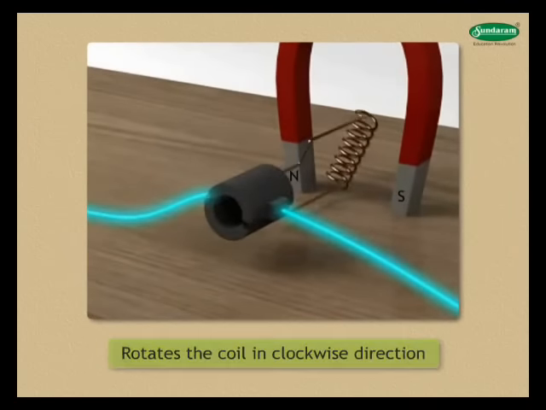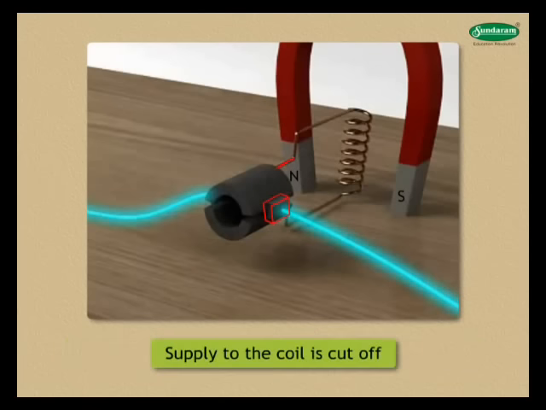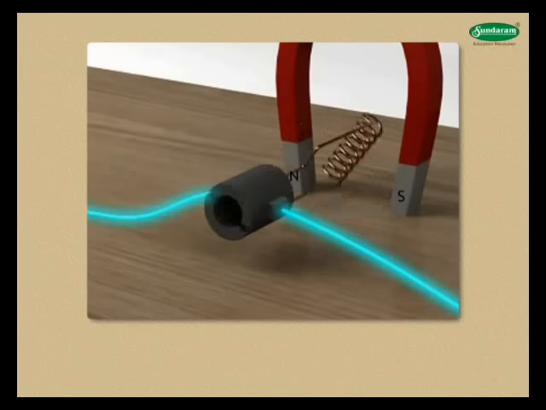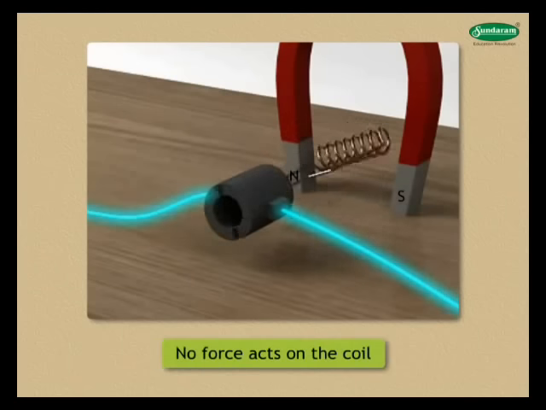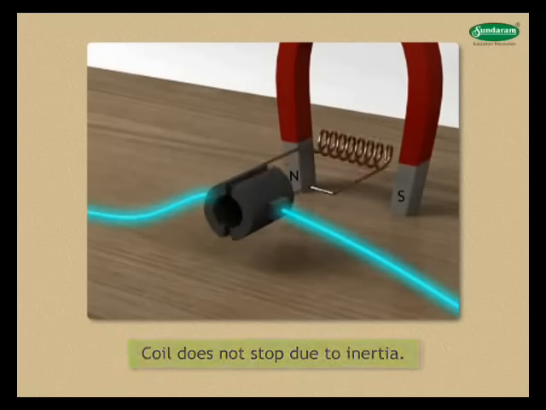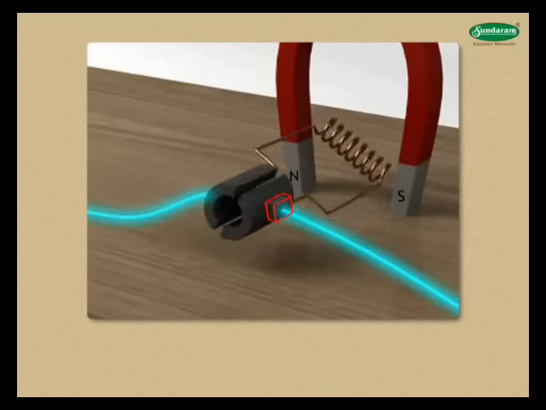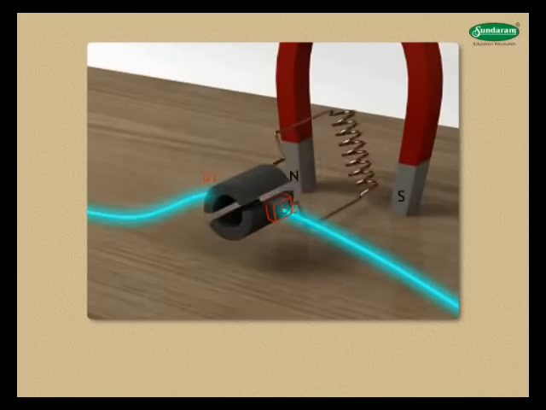At this position, the contact between the commutator and brushes breaks, so the supply to the coil is cut off. Thus, no force acts on the coil, but the coil does not stop due to inertia. It goes on rotating until the commutator again comes in contact with the brushes B1 and B2.